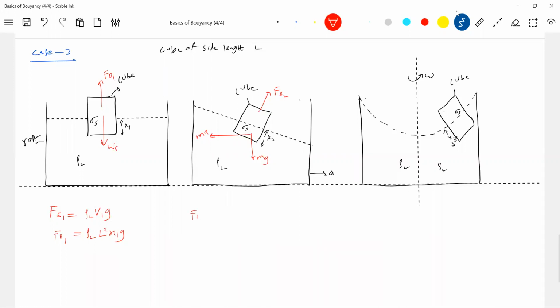So what is FB2? The effective of this will be root of mg whole square plus ma whole square, so this should be m. This is due to equilibrium.